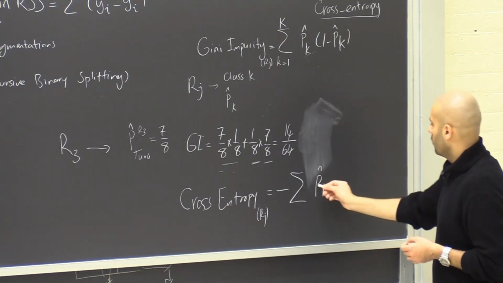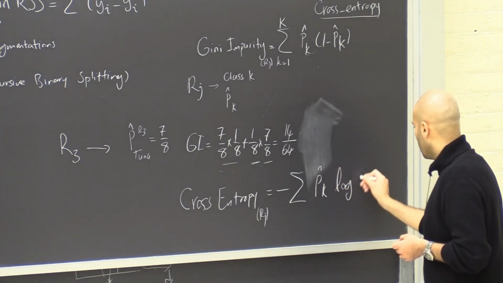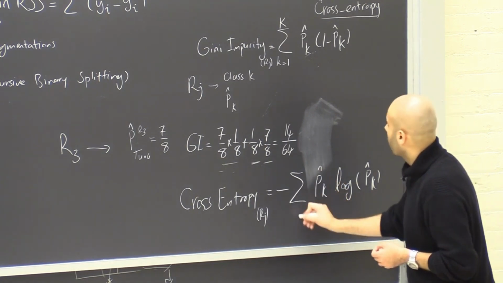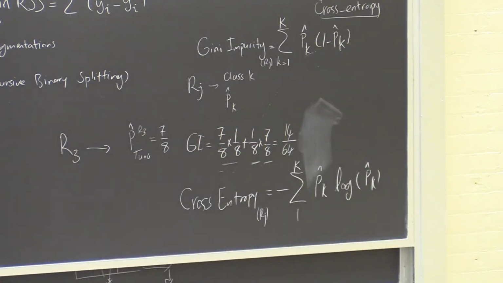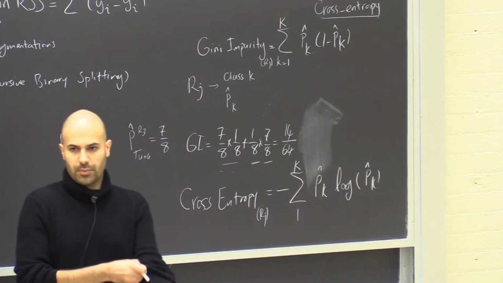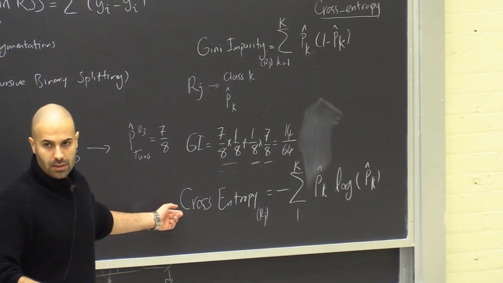It's minus the sum of p hat of k times log of p hat of k, from 1 to capital K. This tends to behave very similarly to Gini impurity, because we care about this loss function decreasing when probabilities increase.